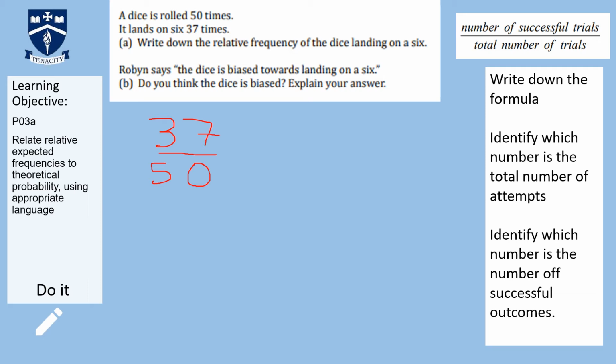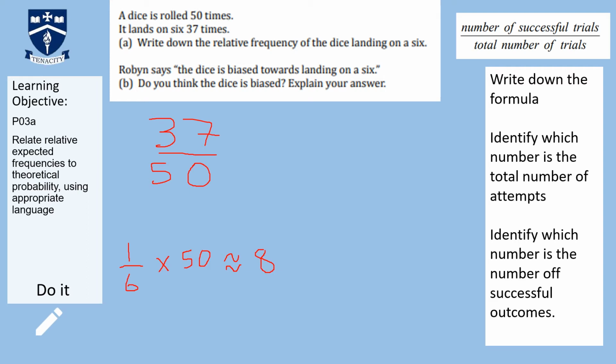Now I have to ask myself, was it a biased dice? Was it biased towards landing on a 6? So I need to ask myself the question, how many 6s would I expect? Well, I know that the probability of getting a 6 is 1 out of 6. If I was to roll the dice 50 times, I would expect approximately 8 sixes.